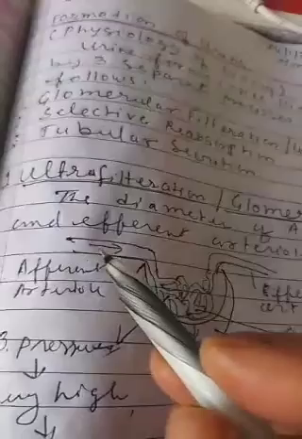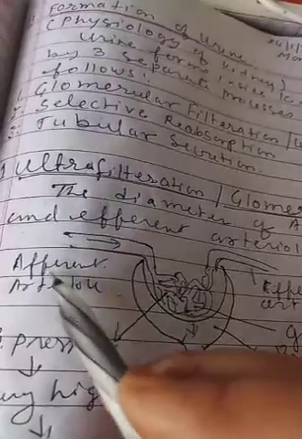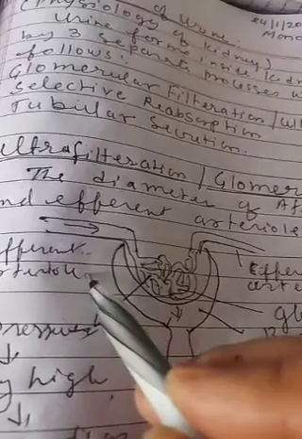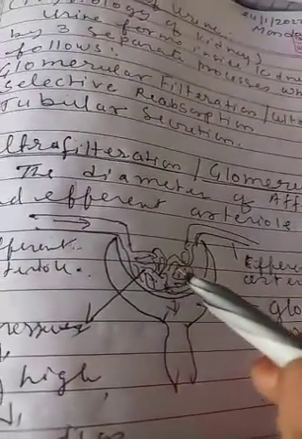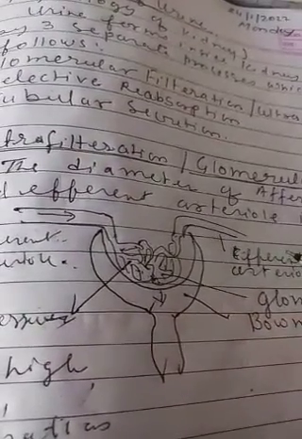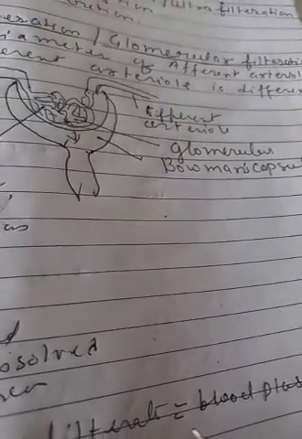Blood comes inside the glomerulus or Bowman's capsule through the afferent arteriole and then passes outside through the efferent arteriole. This glomerular filtrate is similar to the blood plasma. But protein is absent in this glomerular filtrate.